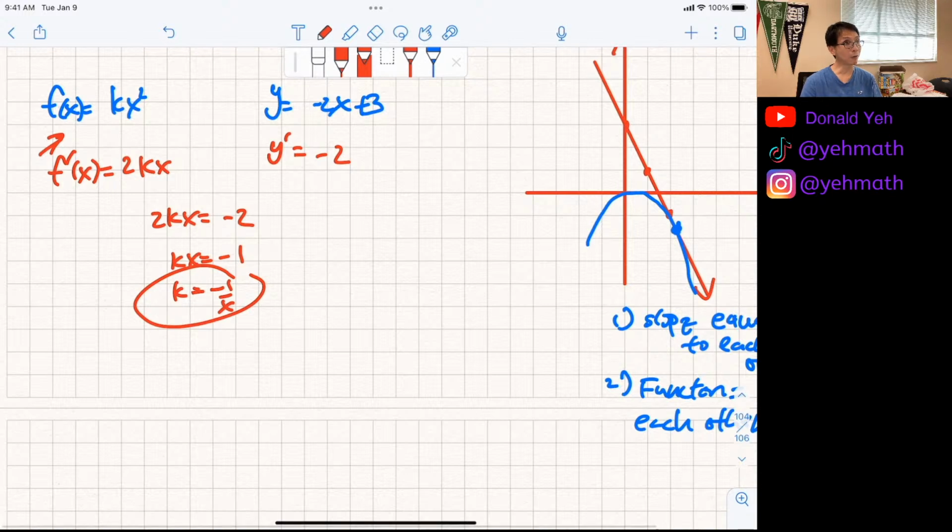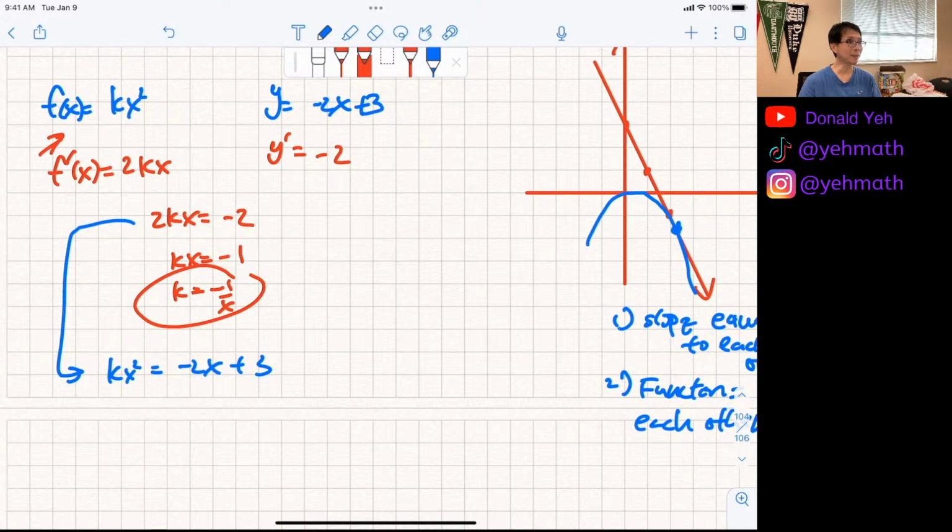Now, not only is the slope equal to each other, their original functions are also equal to each other, right? So the original function is going to be kx squared is equal to negative 2x plus 3. Now, we can do substitution here. Remember, this is a system of equations. In this case, you cannot use elimination because elimination doesn't work.